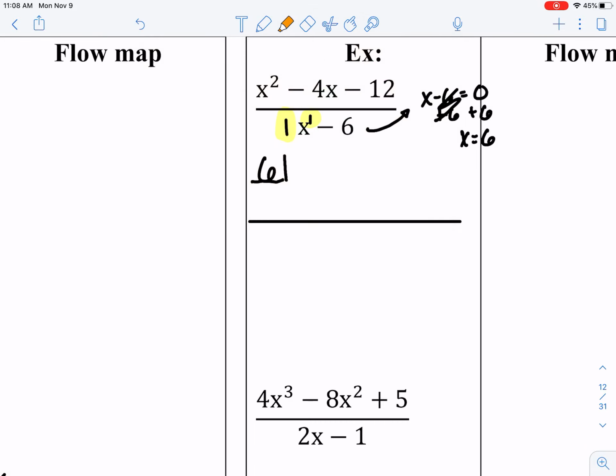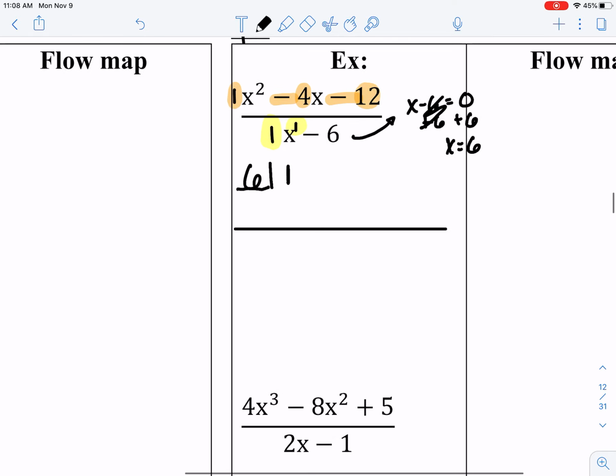You then write your coefficients all the way down to your constant. So here I don't see anything, so it's understood 1. So this is a degree of 2. My degree of 1 term is a -4.